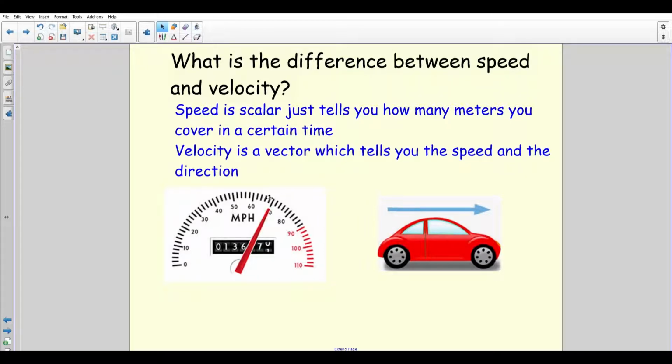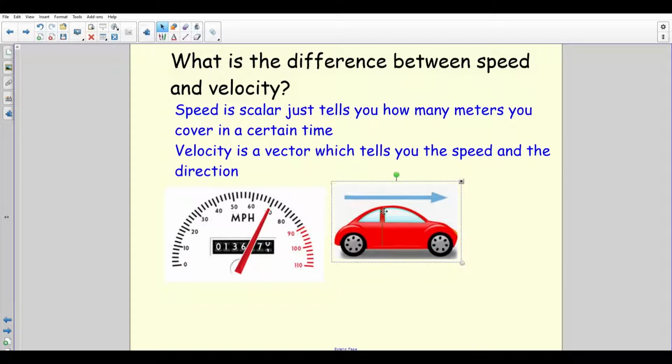So if you look at these two examples at the bottom, if you're just looking at a speedometer, 70 miles per hour, that could be going north, south, east or west. You don't know where it's going. If you look at an actual car moving, it will have a speed, so it might be 70 miles per hour going north. So this comes on to something which is higher tier only, which is about the ability of something to go at the same speed while turning a corner.